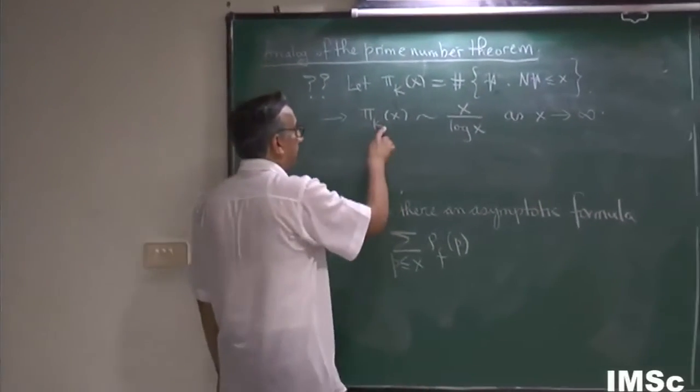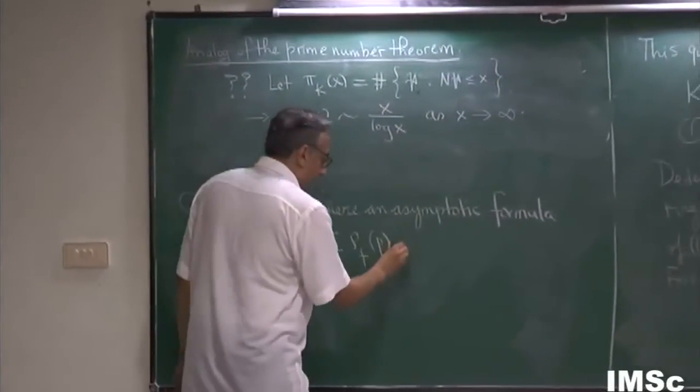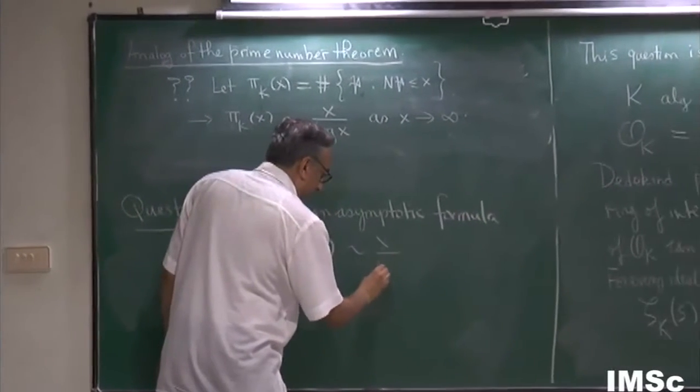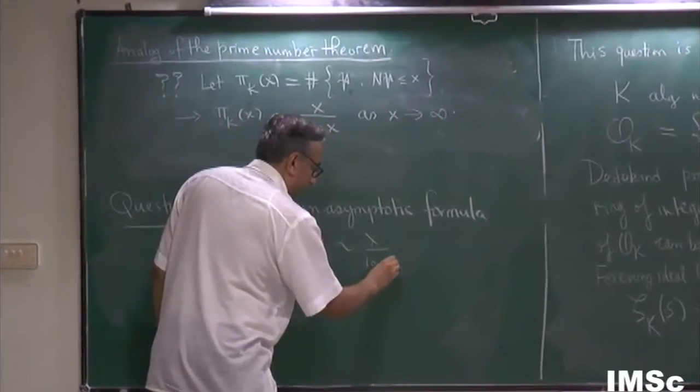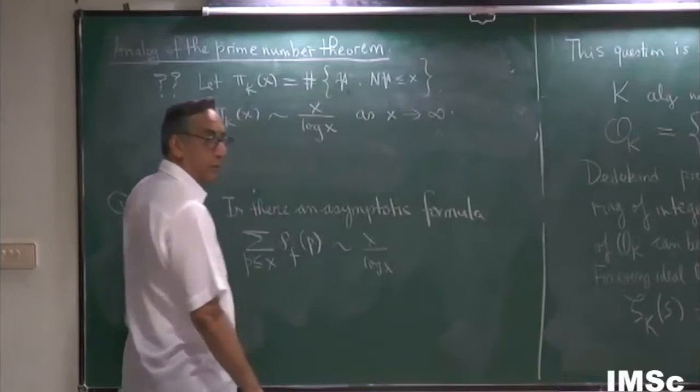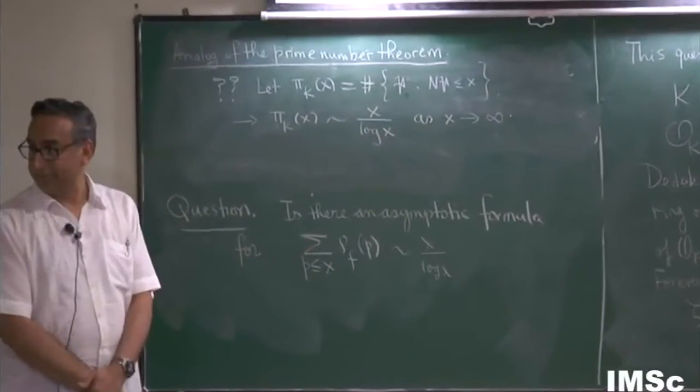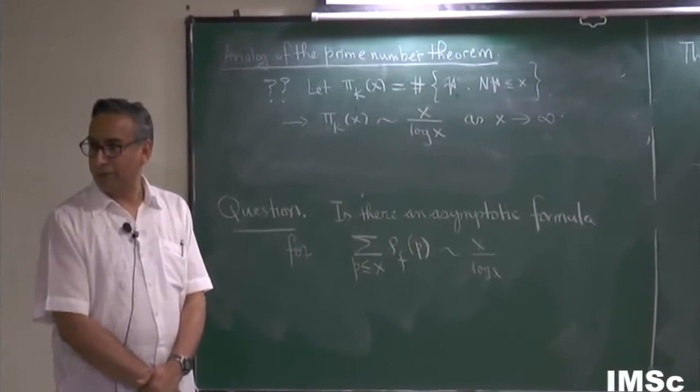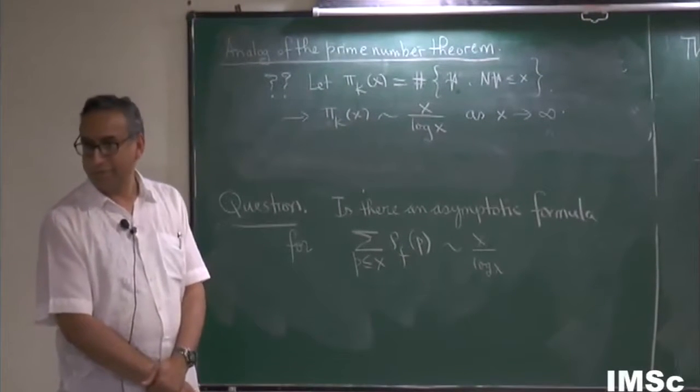In fact, if the answer to this is x over log x, the answer to the other is also x over log x. You would never guess it. This is the beauty of number theory. This is why I do number theory.